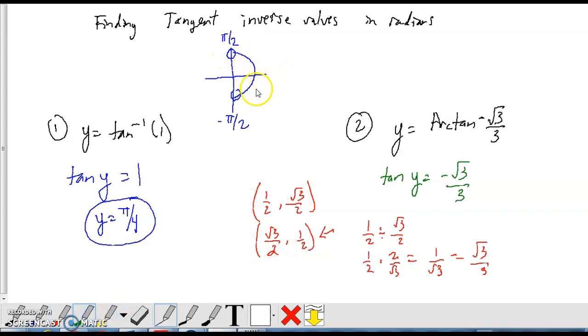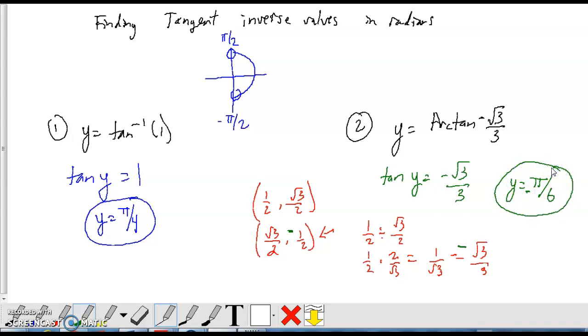If you are in the 4th quadrant, that means that your y was negative. So that's why that is going to turn negative. And then root 3 over 2 and then the 1/2, the y value is going to be your pi over 6, but it's your negative pi over 6.